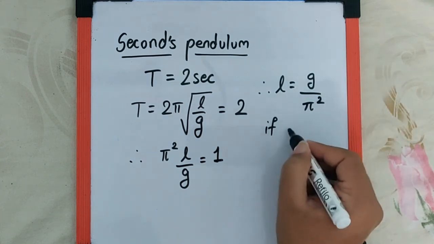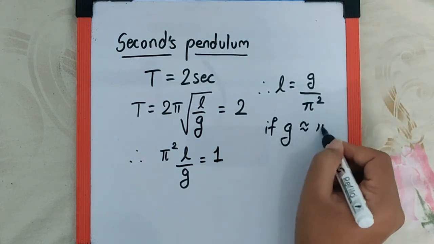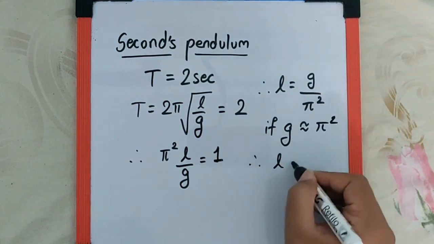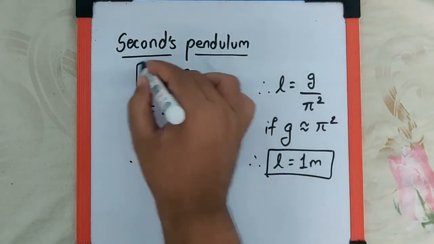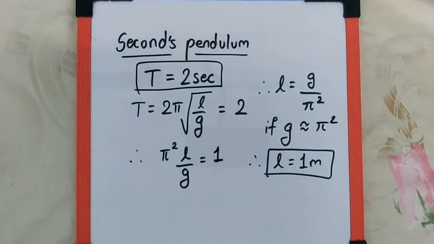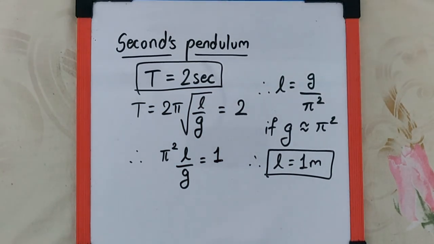If we take g to be approximately pi square, we can say the length of the seconds pendulum is 1 meter. So basically the seconds pendulum is the one for which the time period is 2 seconds and for which the length can be approximated to 1 meter.